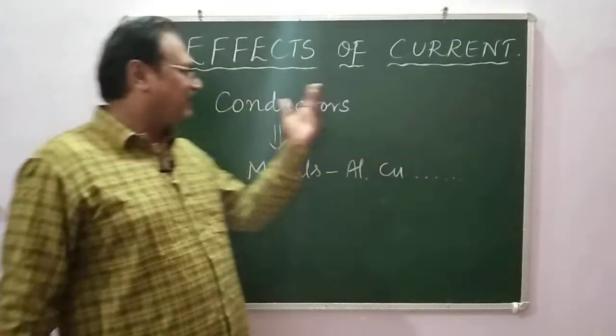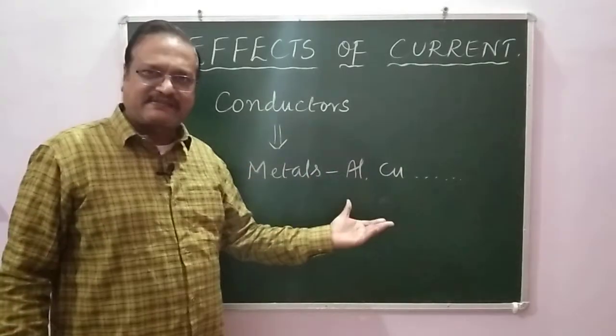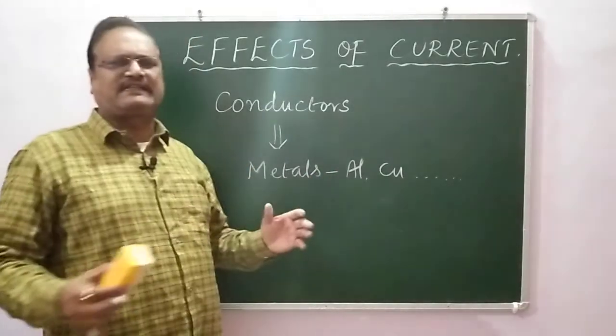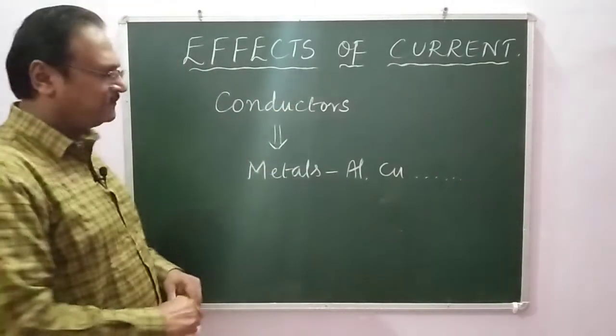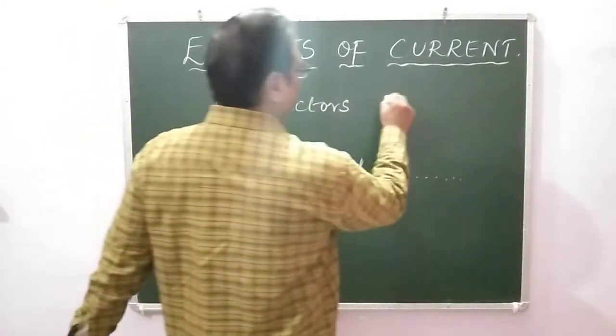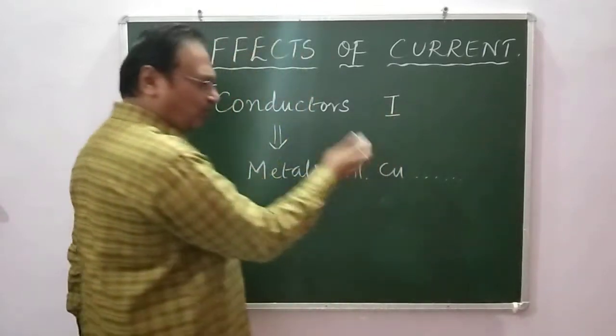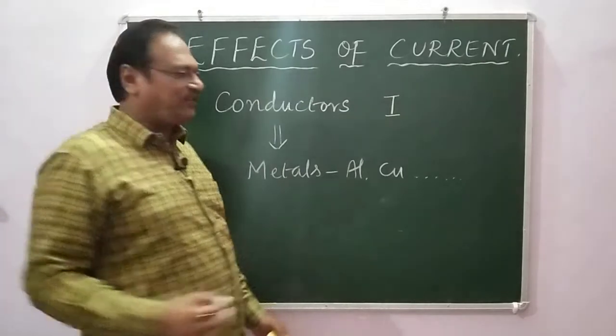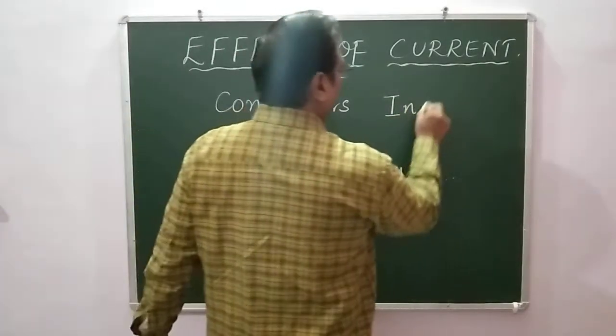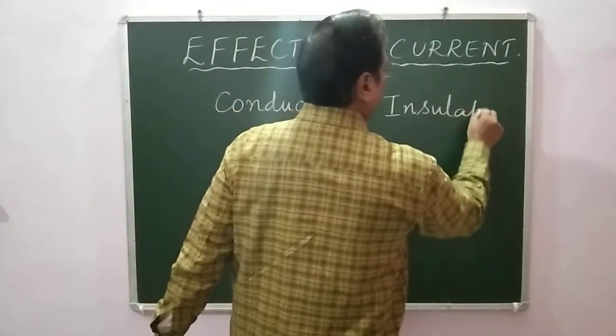Mainly all metals are good conductors of electricity. But there is the other part of it, which does not conduct electricity. They are bad conductors of electricity, and they are called insulators.